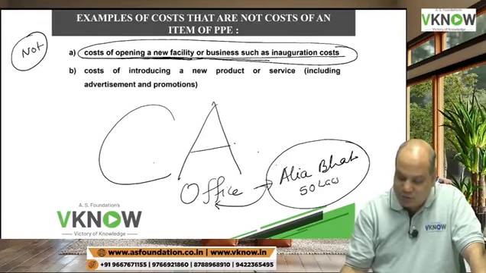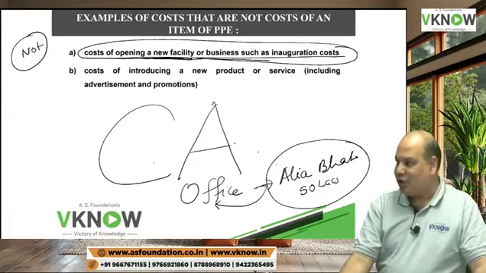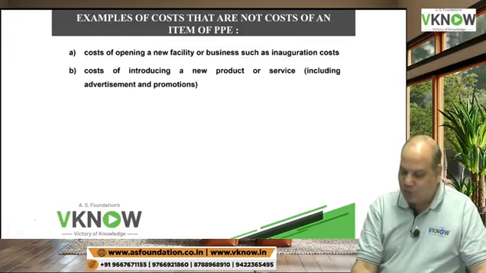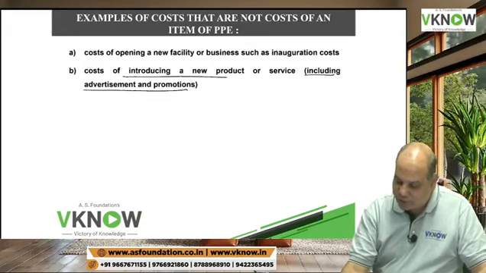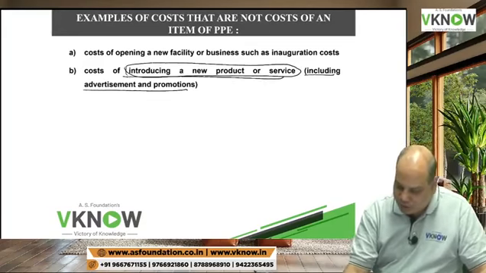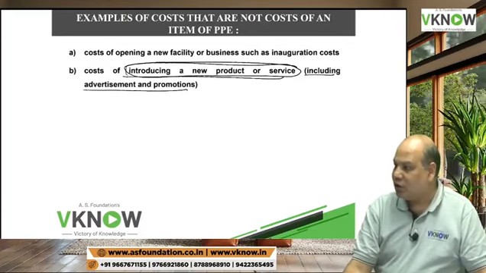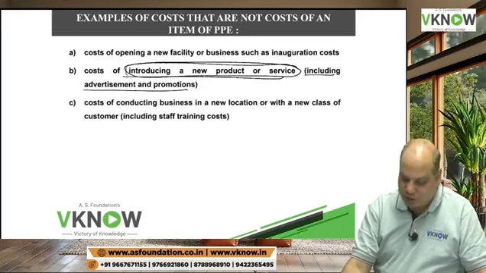The answer is no. Next is cost of introducing a new product or service, including advertisement or promotions. So these are advertisement costs. You incur a huge advertisement campaign to launch a product, that will not be included in cost of the property.